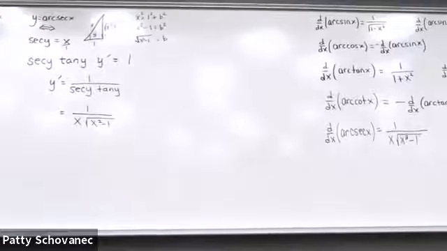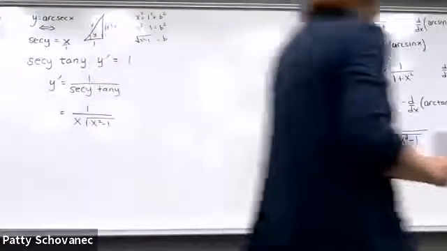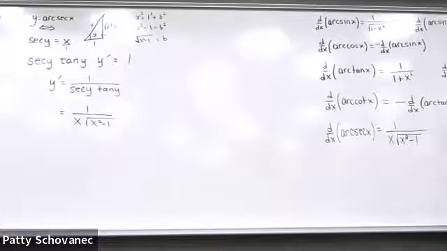And so the general version of that with a u says that the derivative with respect to x of an arcsecant of u is 1 over u square root of u squared minus 1 times u prime.